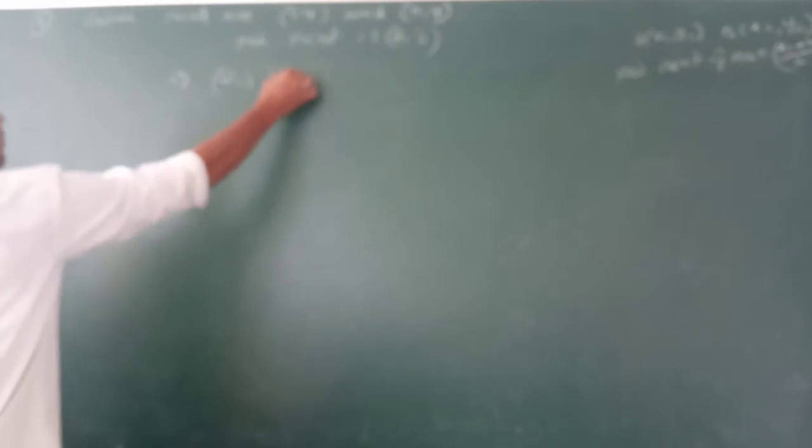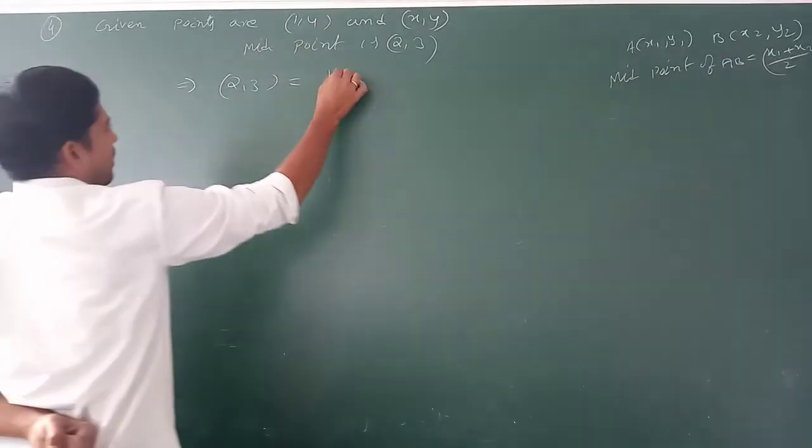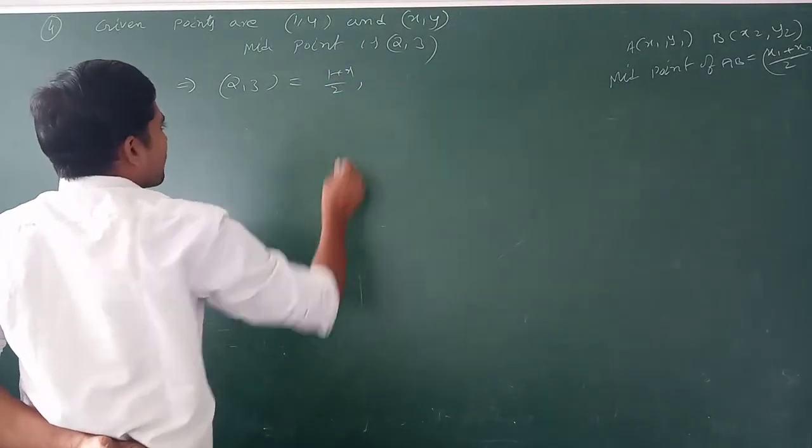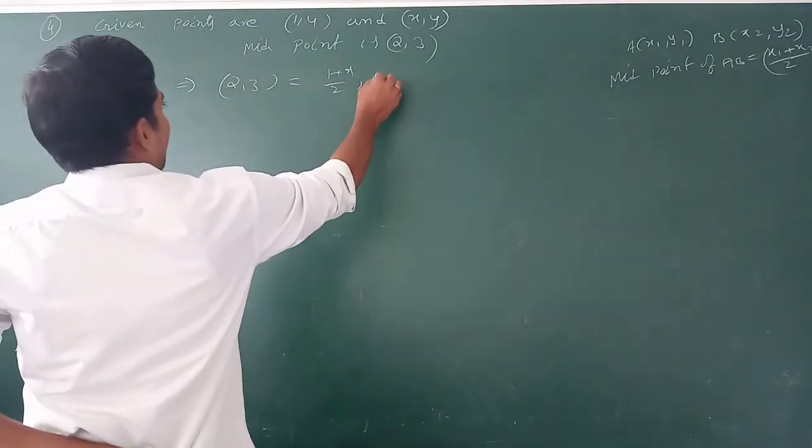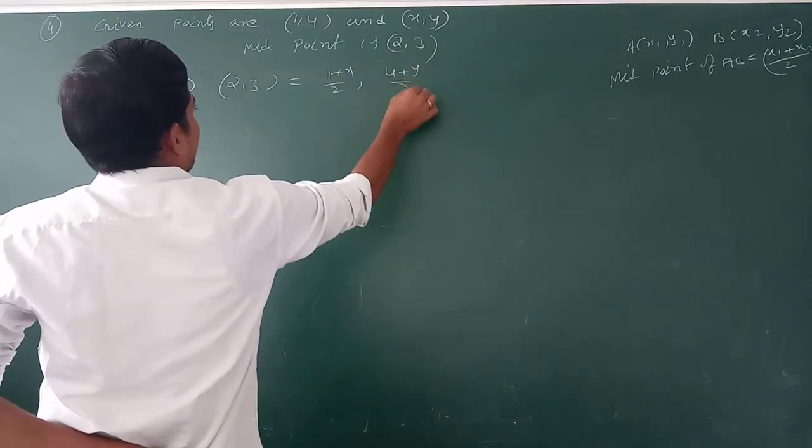So here, (2, 3) equals ((4 plus x) by 2, (1 plus y) by 2).